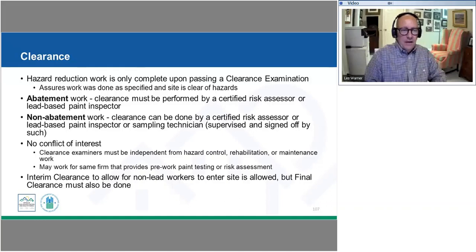Before we can allow non-lead workers to enter that site, we would have to do an interim clearance, but then when our project is completely done, we would do a final clearance.